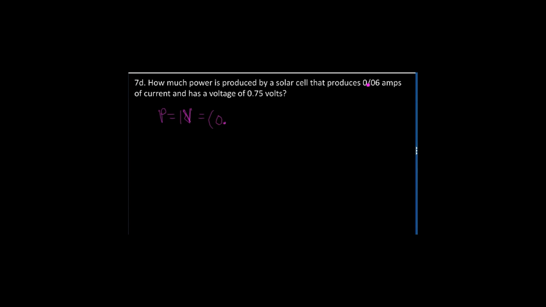So if our current is 0.06 and our voltage is 0.75, our power is going to be 0.045 W. You may have solved a similar one before. Use that formula in physics.